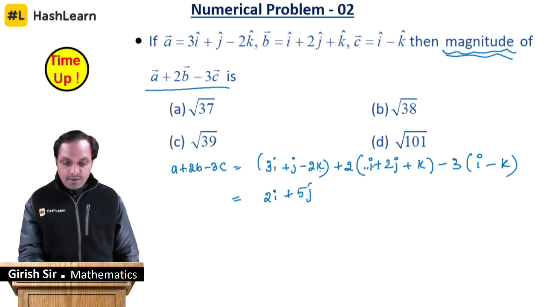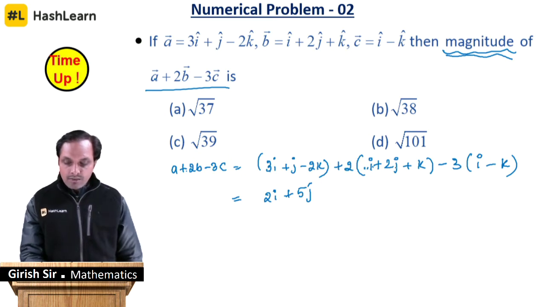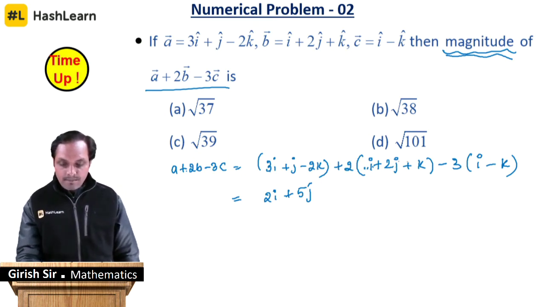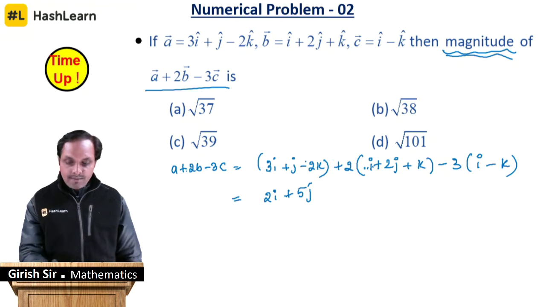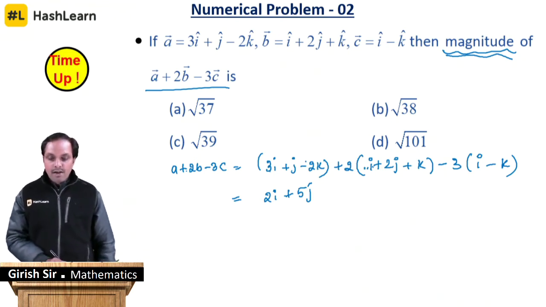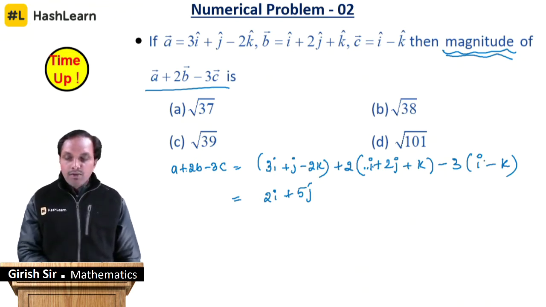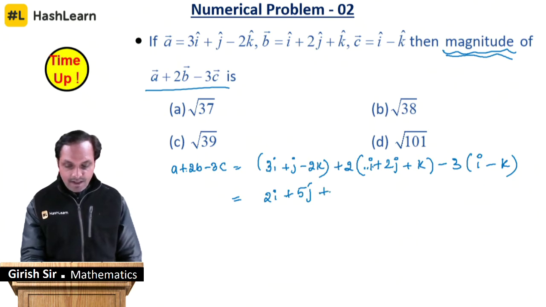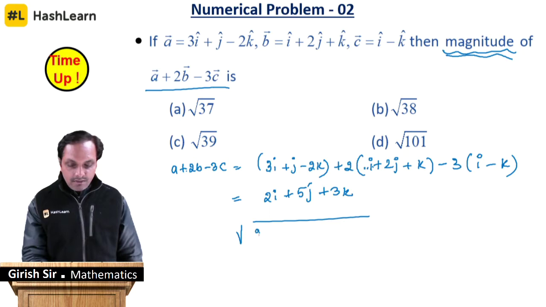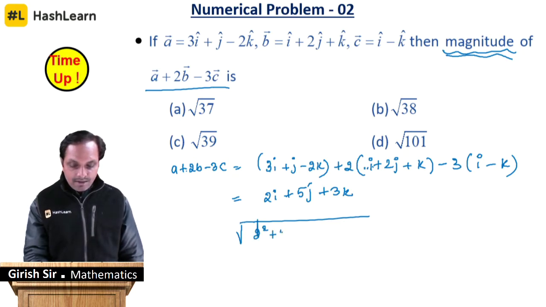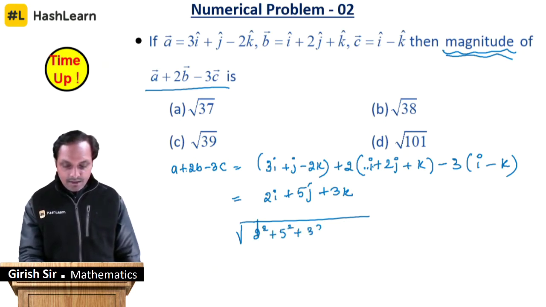Then take the k coefficient: this is minus 2, this is 2 into 1 is 2, so plus 2 and minus 2 gives you 0. Then this into this, minus into minus is plus 3k. For the magnitude, you just need to take inside the root 2 square plus 5 square plus 3 square.